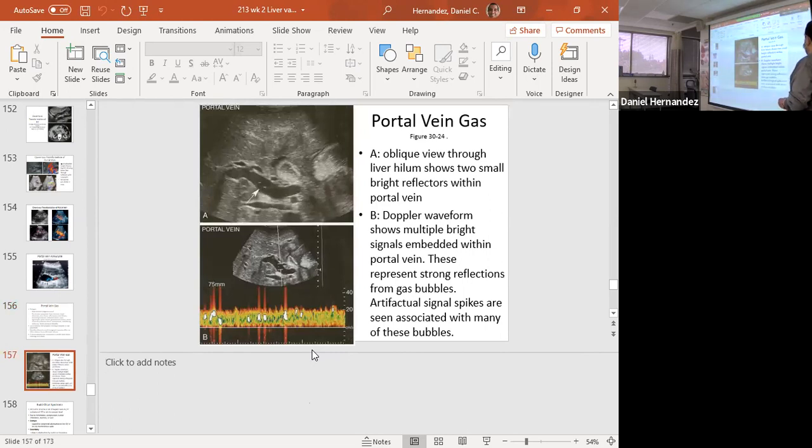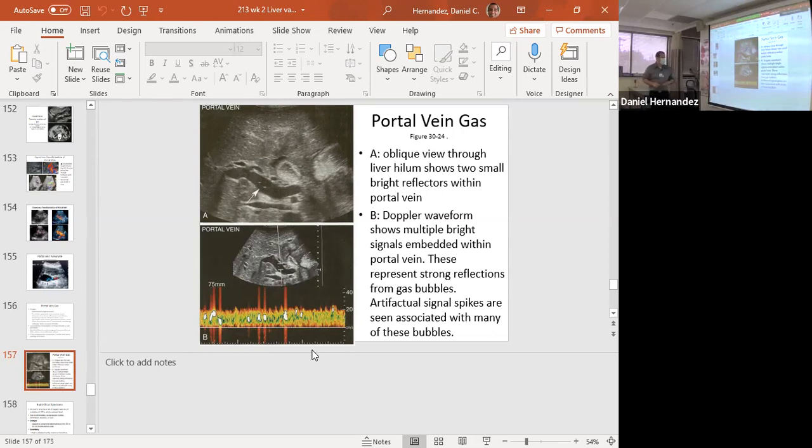So in this picture, we're showing our oblique view of our main portal vein at the hilum. These little bubbles within the vessel demonstrate little gas bubbles within the portal vein. The Doppler waveform shows multiple bright signals embedded within the main portal vein.